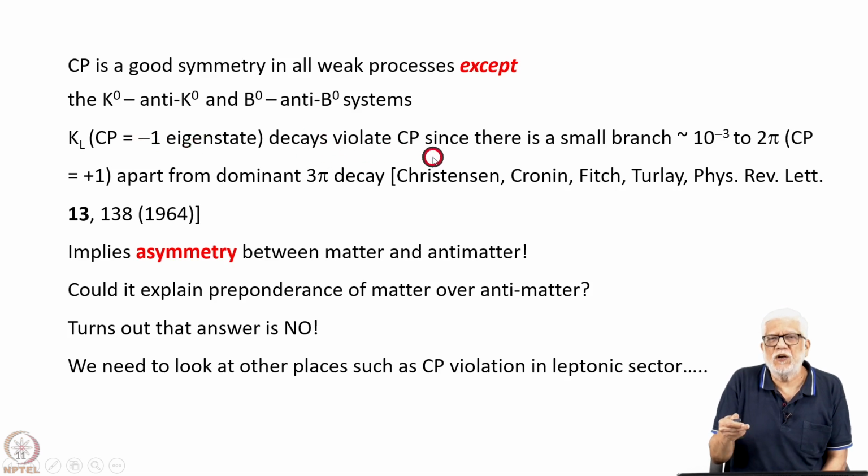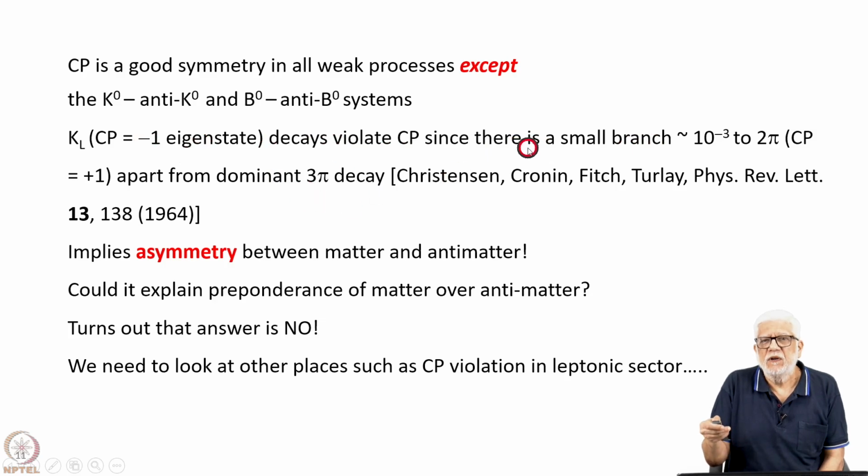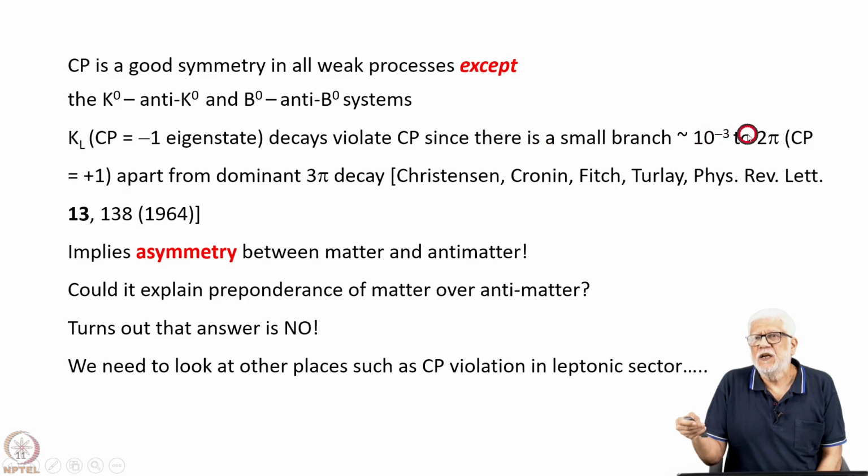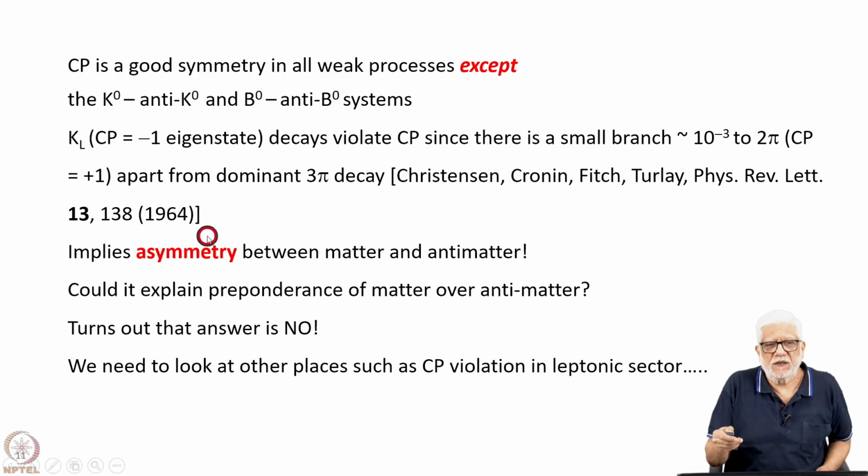These decays violate CP since they normally decay through 3 pions, but a small fraction of the time, about 1 per mil, they decay into 2 pions, and that is CP plus 1. So, you have violated this process, and this violation of CP was discovered by Christenson and others, for which Cronin got the Nobel Prize at a later time.